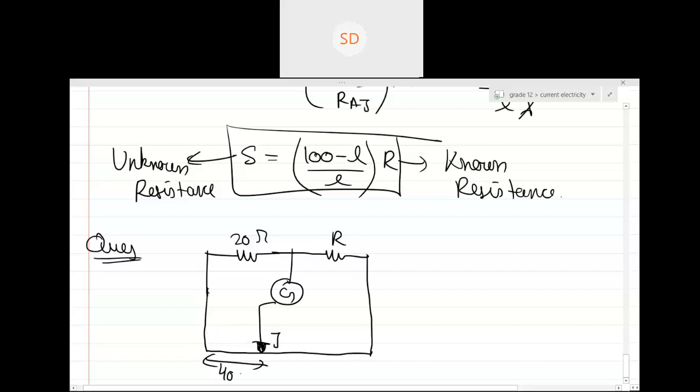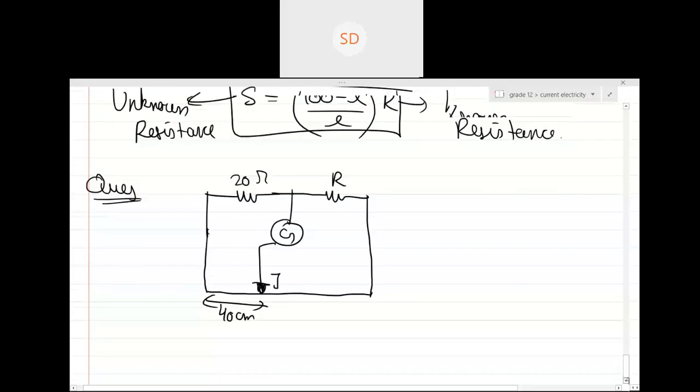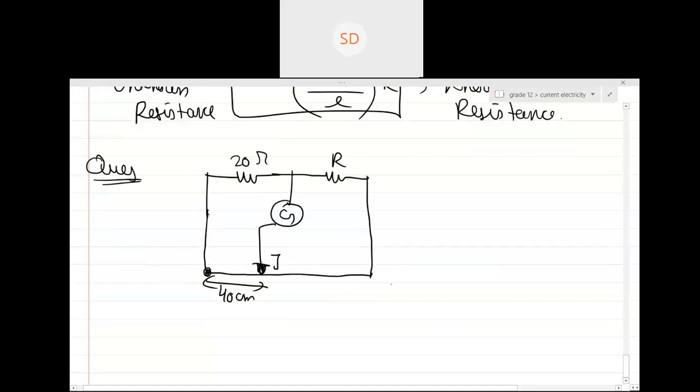This is 40 centimeter. A 100 volt battery is connected with a 10 ohm resistance. Now the question is, in the circuit of a meter bridge, if null deflection is obtained at 40 centimeter length of the wire as shown, find the value of unknown resistance.